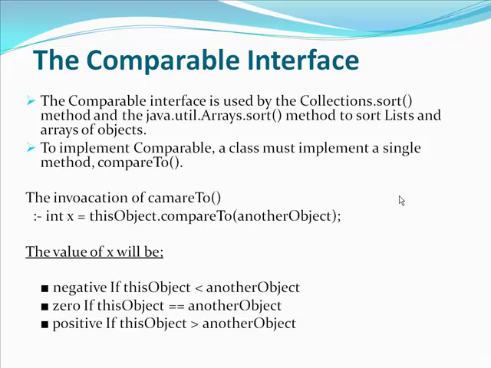So now let's look at the compareTo method. The compareTo method compares two objects. If the first object is less than the second object, it gives a negative value. If the first object and second object are equal to each other, it gives 0. If the first object is greater than the second one, it gives a positive value.